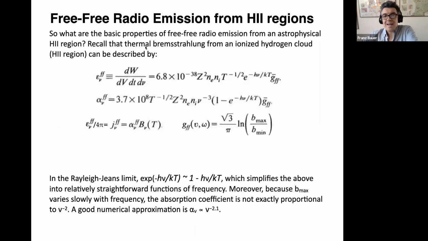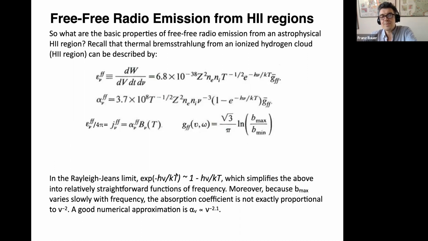So to estimate this is relatively straightforward. We have the emissivity, which goes as something like this. It is related to temperature, related to the density, and has a frequency cutoff, which goes like this. And then we have the absorption, which goes like this. It has a much stronger frequency cutoff, and we can relate these two if they're at equilibrium. And this Gaunt factor looks like this.